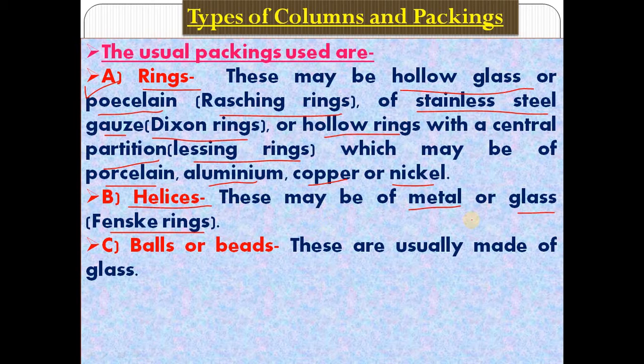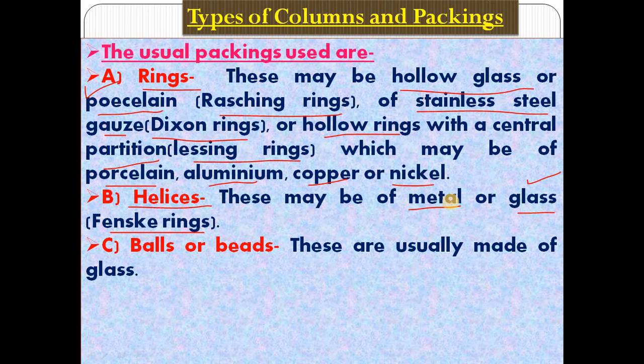Usually when we want to isolate or distill liquids coming from acidic media, that is strong acids, we use glass helices. Why are glass helices used? Because acids do not affect glass.